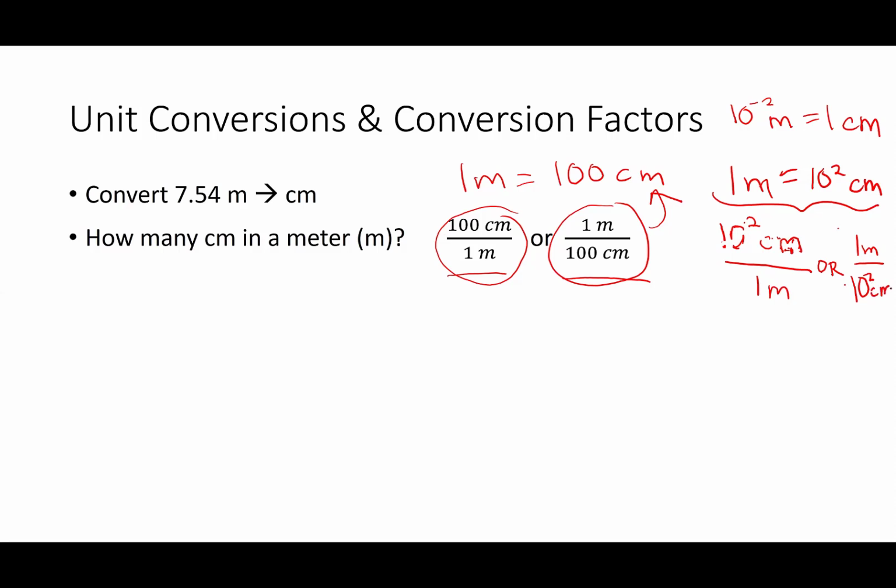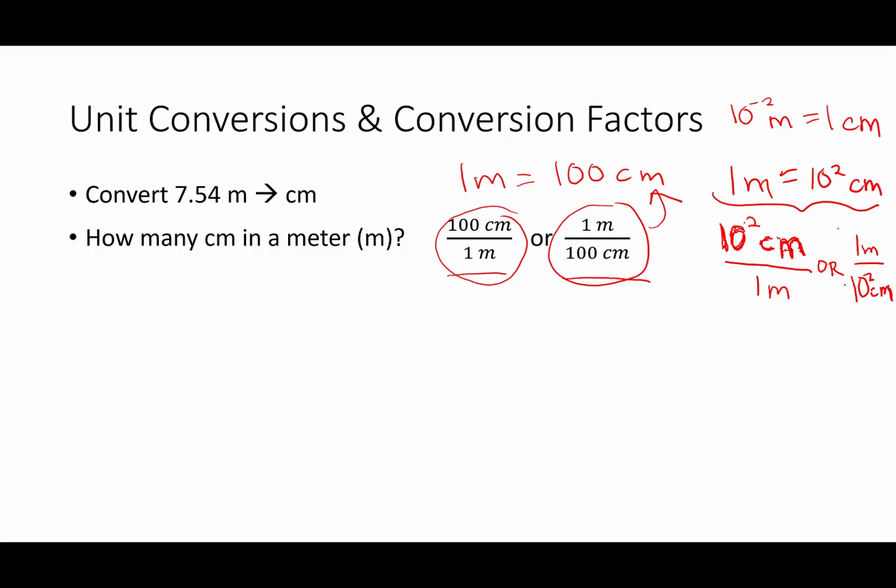So this is one of the hardest parts, I think, for students to realize, is that they can use something like an equality with the equal sign, like 1 meter equals 100 centimeters, or one of these, and they can turn it into a fraction, right? Like these in the circles, and they can have it whichever way is going to work for the calculation.